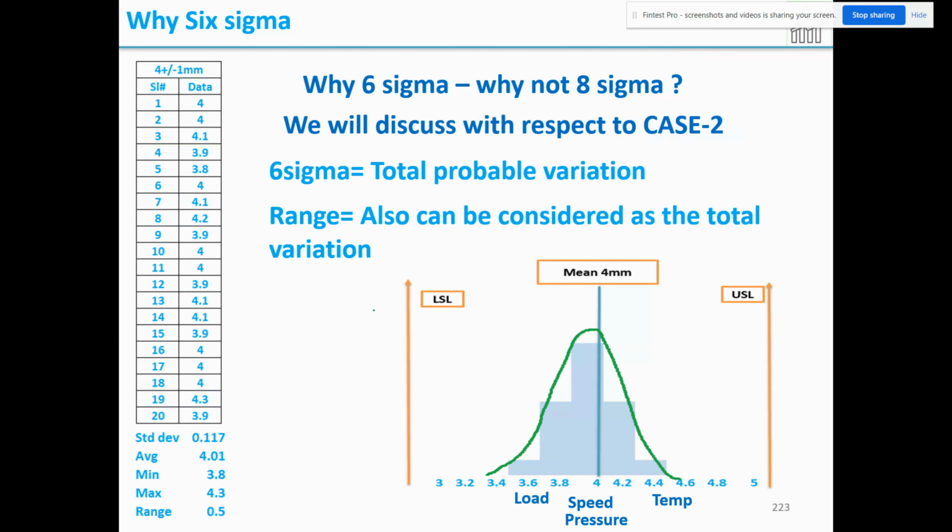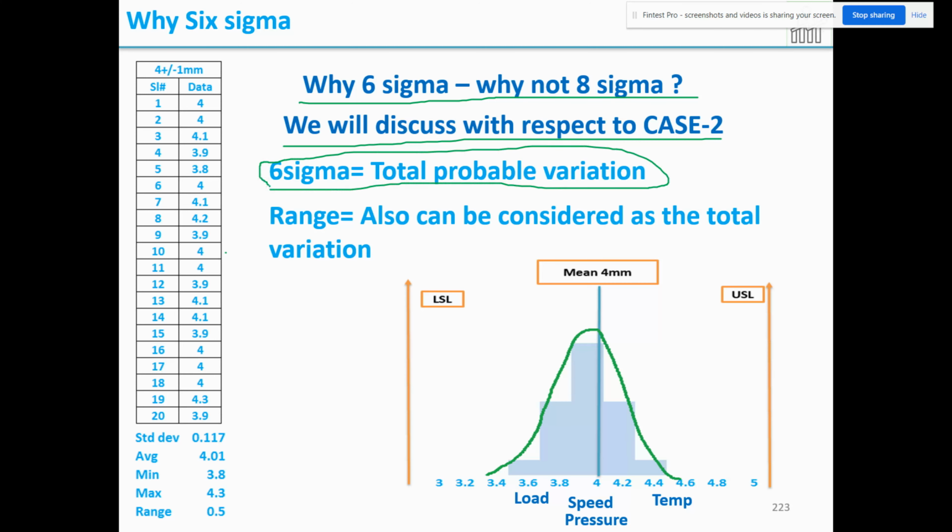Now, let us see why 6 sigma, why not 8 sigma. We'll discuss with respect to case 2. 6 sigma is a total probable variation. It is not the 100% variation. It is a predictable variation. Say, for example, you calculated some analysis and you found sigma is 10 micron.